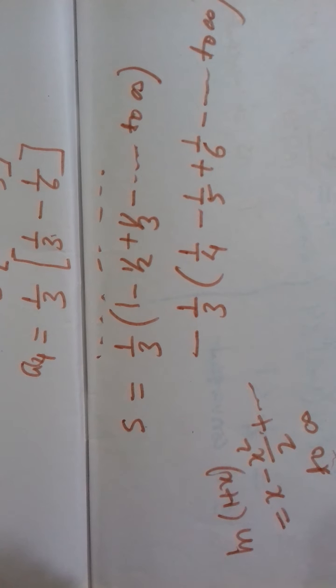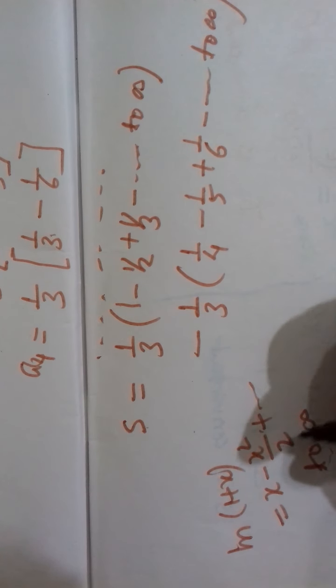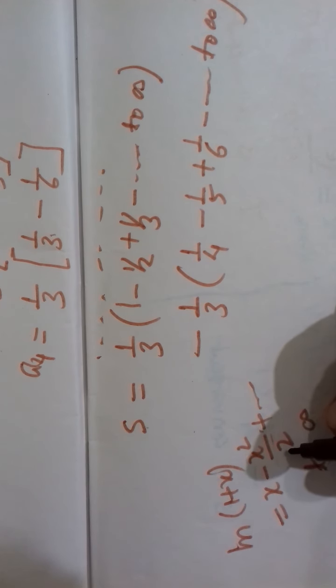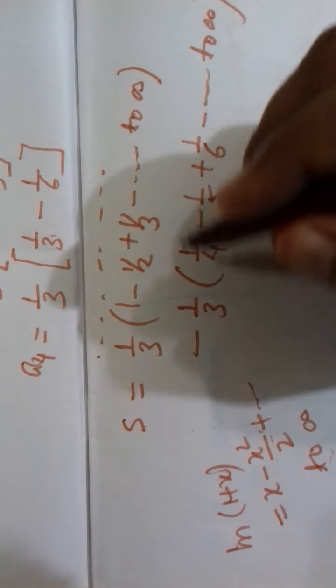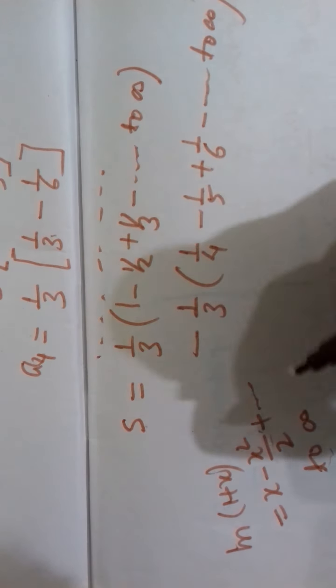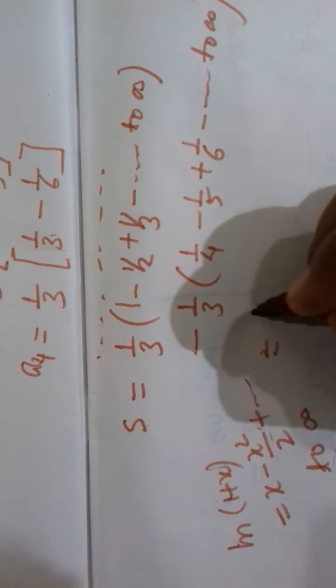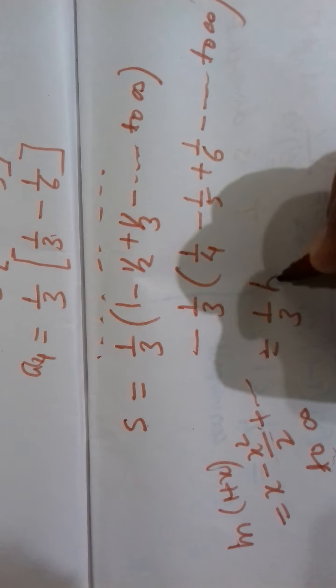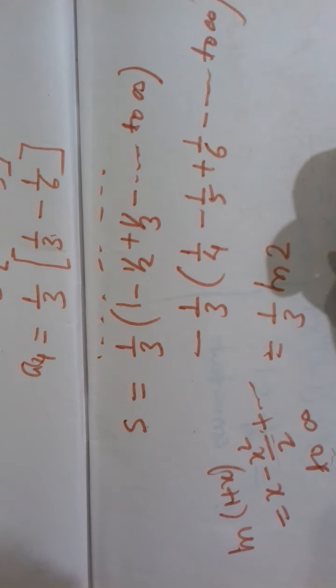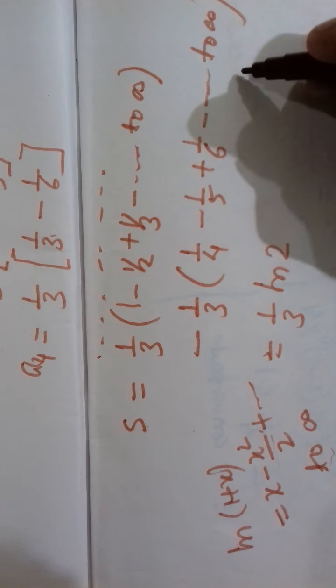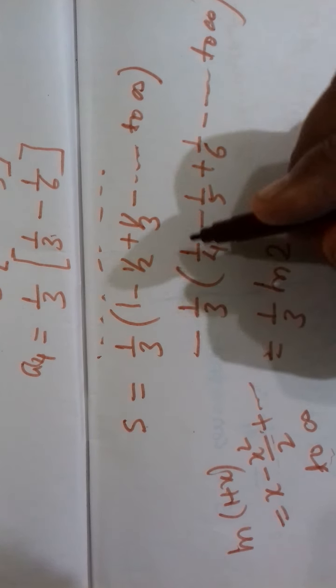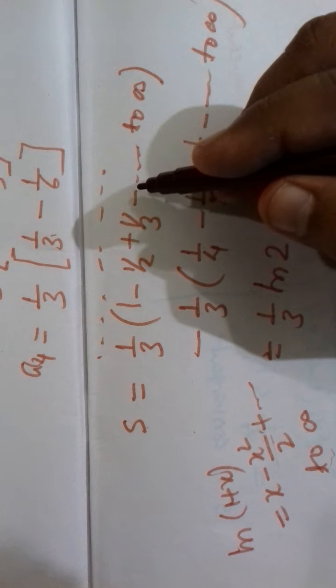Now using this, for x equal to 1, this will be 1 by 3 ln 2. And if you see the second bracket, this is the same as in the first bracket.